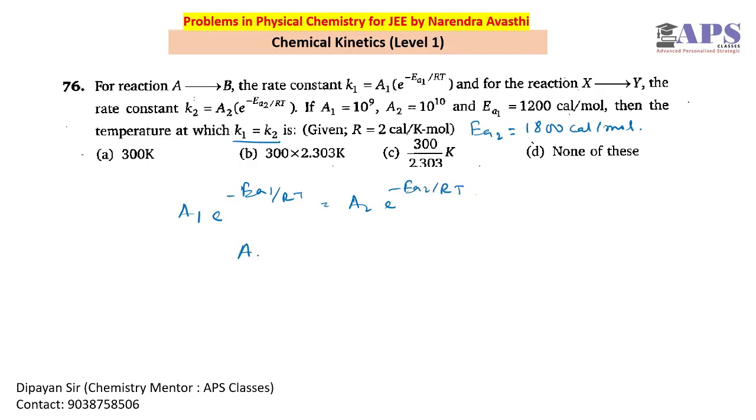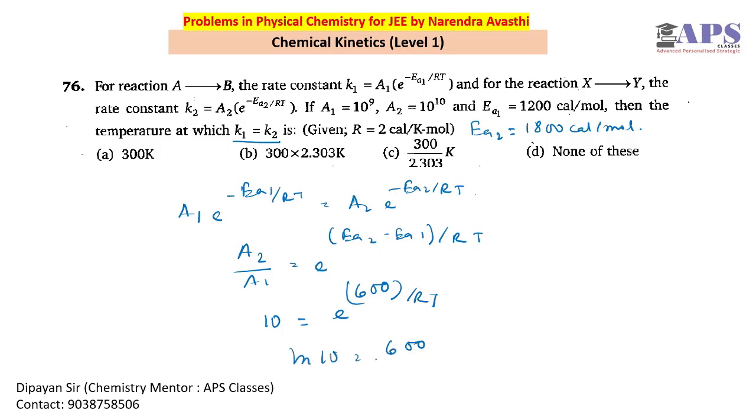So A2 by A1 equal to e to the power EA2 minus EA1 divided by RT, and this is given as 10. So e to the power 600 divided by RT equal to 10, or ln 10 equal to 600 divided by 2 T, so we have to find the temperature.